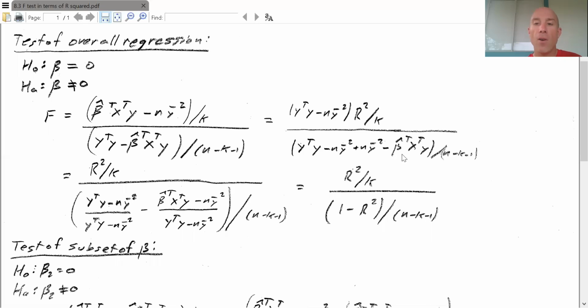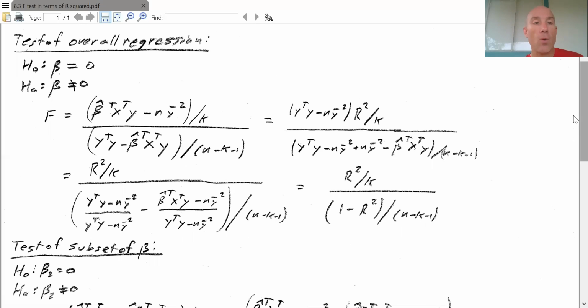And remember, that is the negative of the numerator of R squared, and then I'm dividing by the denominator of R squared, and I get this. So I know that this is going to be 1, and this is, in fact, negative R squared, and n minus k minus 1 stays the same. All right, so this is R squared divided by k, over 1 minus R squared divided by n minus k minus 1. Not too shabby.